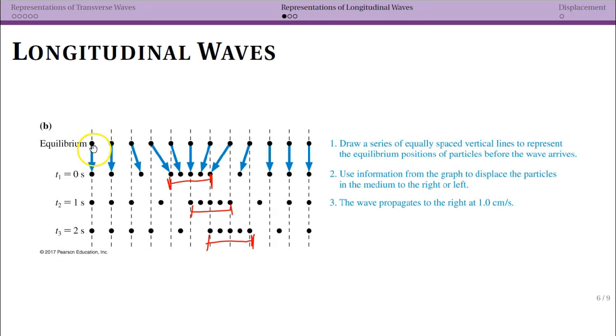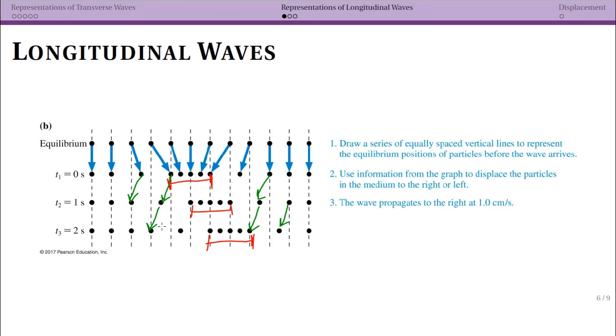You can see for this scenario that some of our particles stay in the exact same spot, right? These first two, for instance, don't move. This third one moves over, but then moves back, and then stays in the same spot. The next one moves over, moves back a little more. And if we watch the ones before the pulse, initially it's stationary, but then it moves, and then it moves even more.